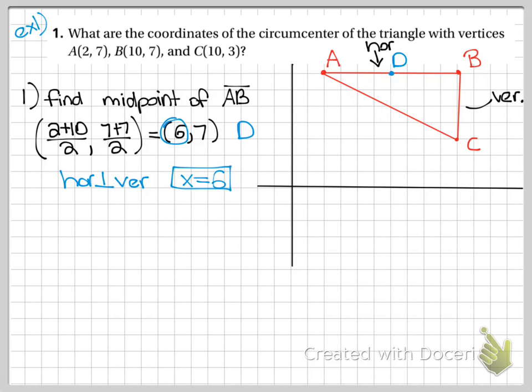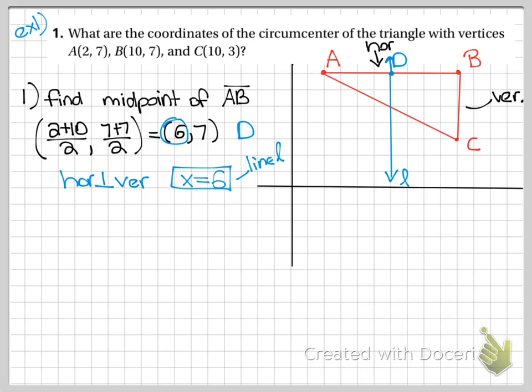That will be our line that is perpendicular to our given one and goes through the midpoint. Now I'm going to draw that line. So here is that perpendicular bisector. I will call that line L, and extend it up a little bit. That is the equation for line L.